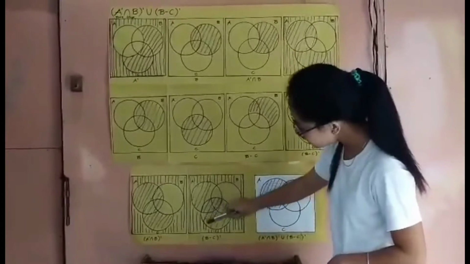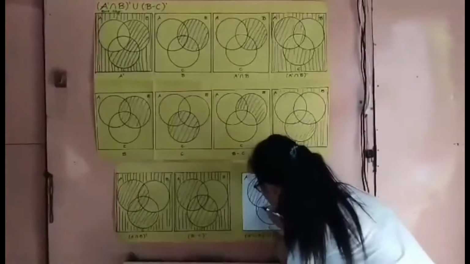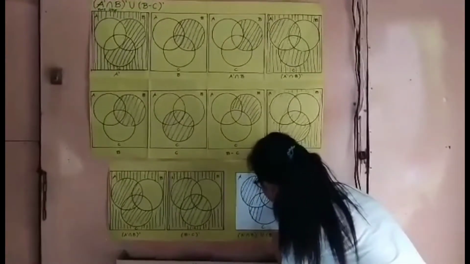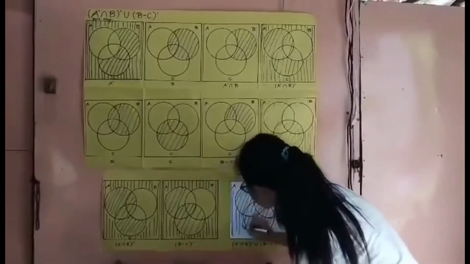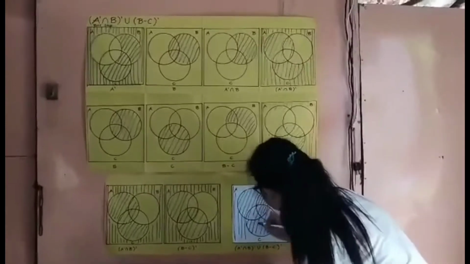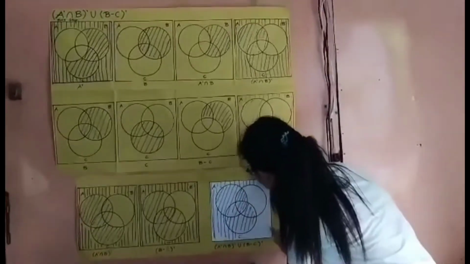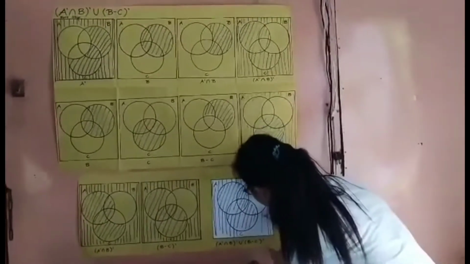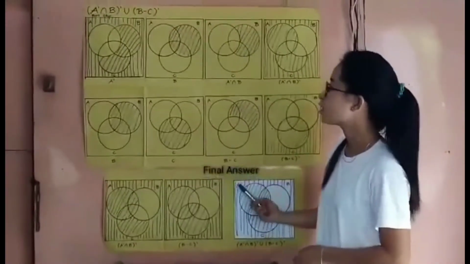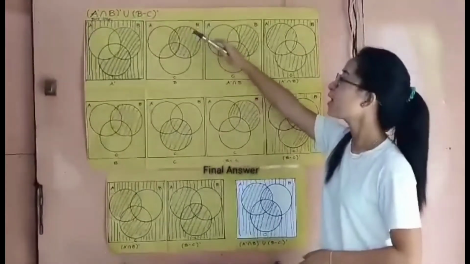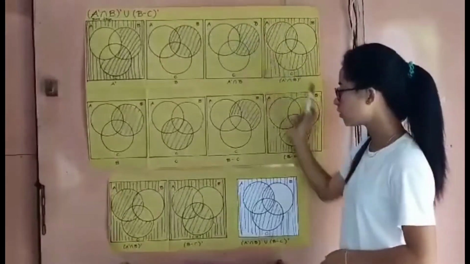And then since this is the shaded region here, we will also shade this part similar to this. So this is now the answer for the complement of A complement intersect B unions the complement of B minus C.